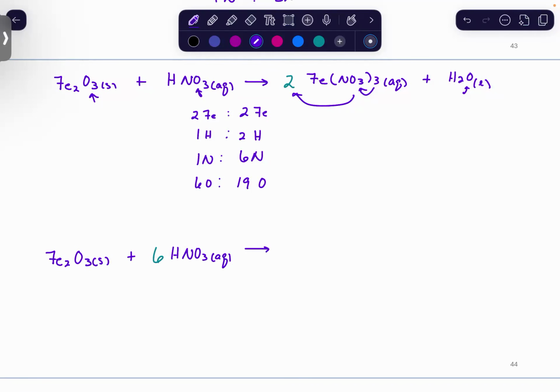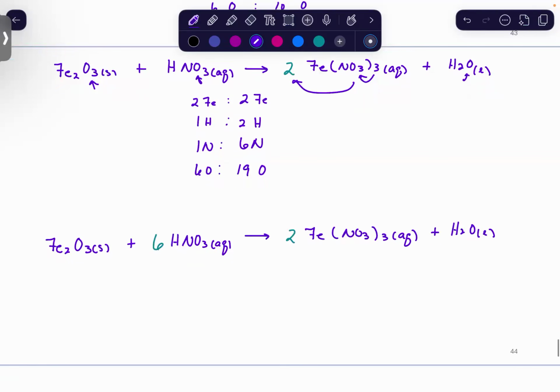Still have my coefficient of 2 there. All right, now I'm going to take a moment and count again. 2 irons on the left, 2 irons on the right.